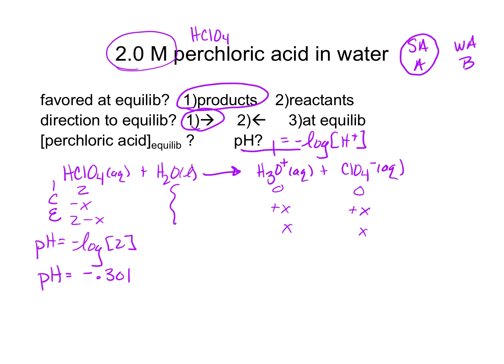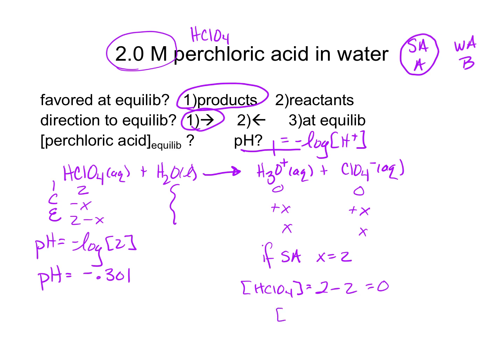Okay. So if, again, I knew that it was a strong acid, I know the x is equal to 2. Okay, so I would have the concentration of HClO4 is 2 minus 2, or equal to 0. Again, this is a first down arrow, not an equilibrium arrow.